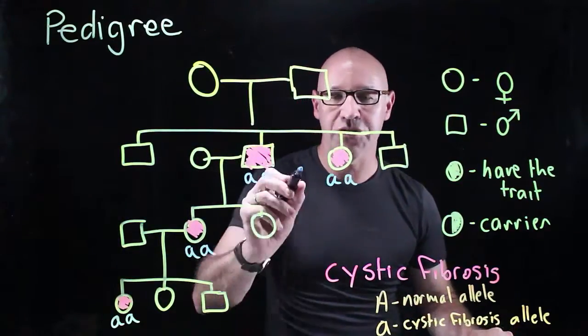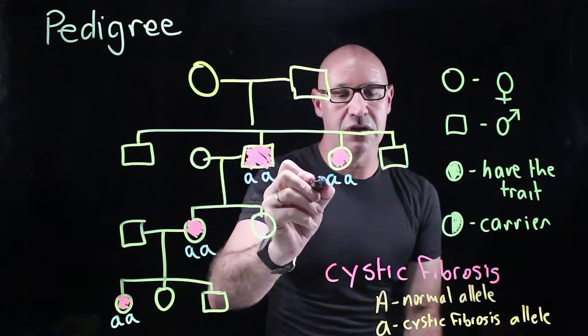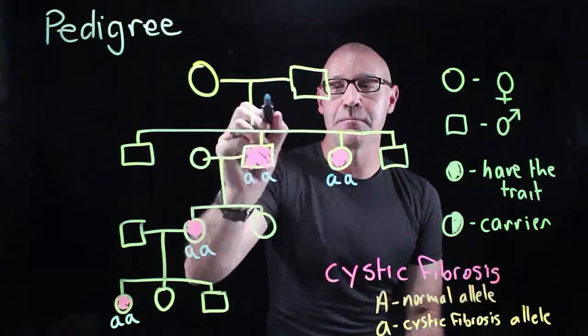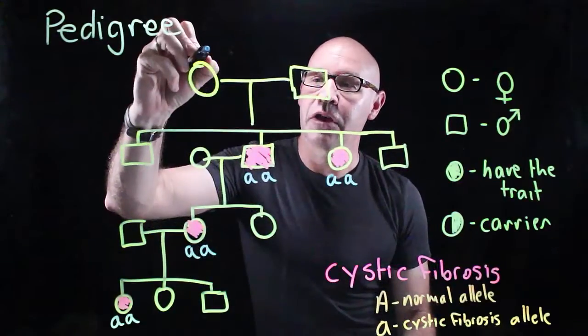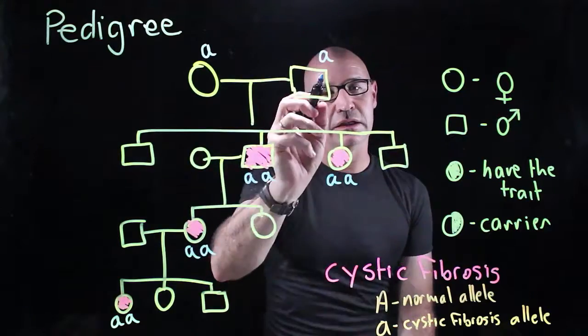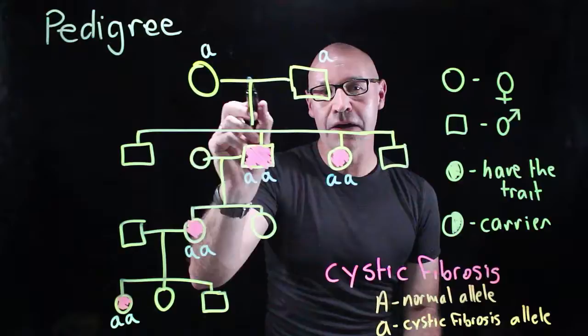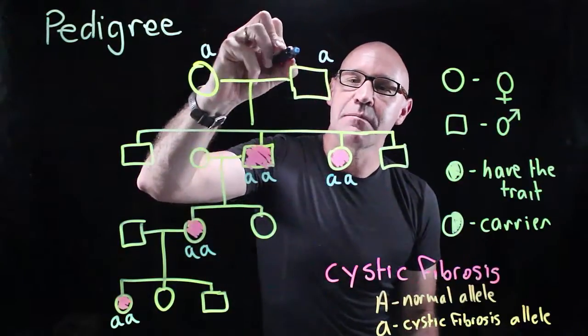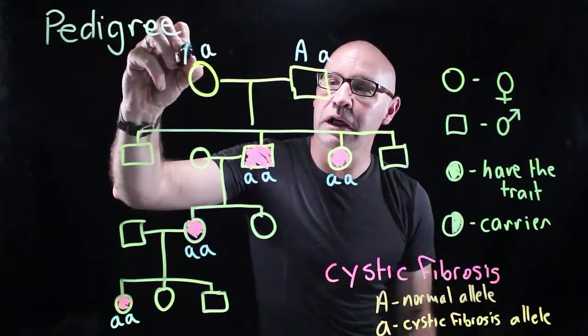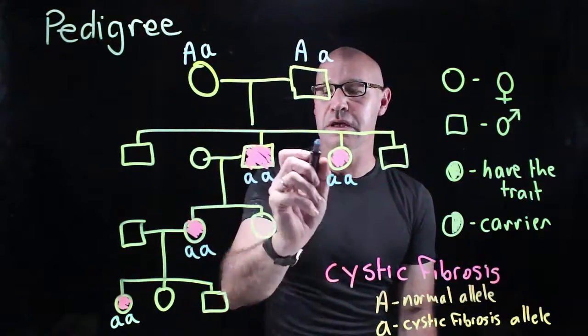Next, for this person to inherit the cystic fibrosis allele, they must have got it from their parents. So their parents must have one allele that's affected, but they don't have cystic fibrosis, so they must also have one normal allele. So that's their genotype.